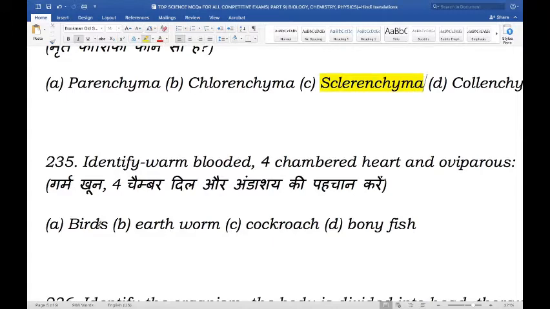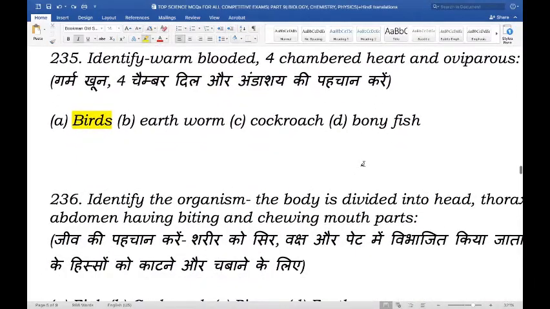And the correct answer here is birds. Birds are warm-blooded, which means they regulate and maintain internal body temperature, have a four-chambered heart, meaning 2 atria and 2 ventricles, and are oviparous, meaning they are egg-laying animals. So out of all these options, birds conform to all three standards.